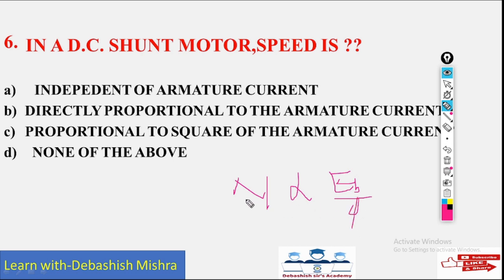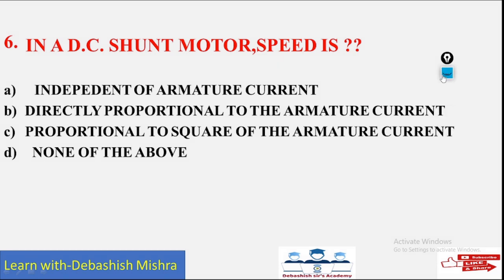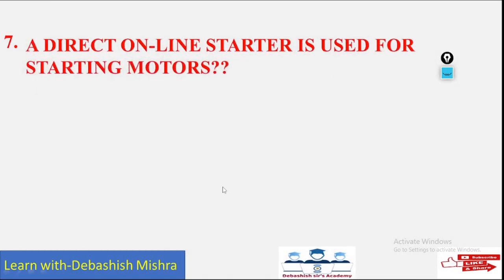So the relation is between N, Eb and flux; there is no relation between N and armature current. So it will be independent. Clear, students? Answer A is the correct answer: in a DC shunt motor, speed is independent of armature current. Going to the next question.